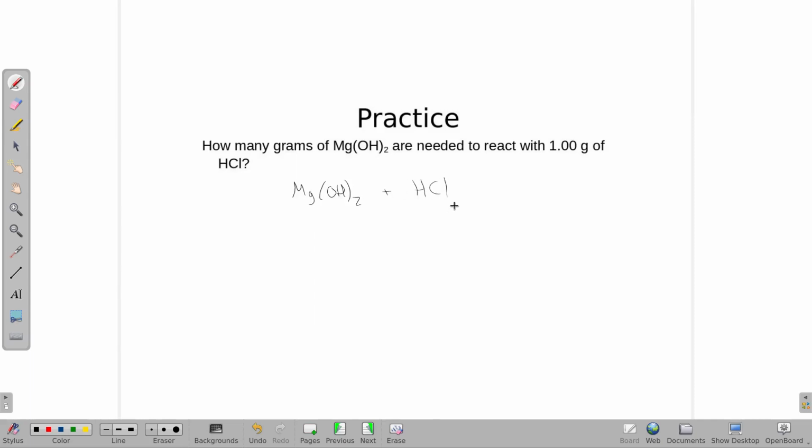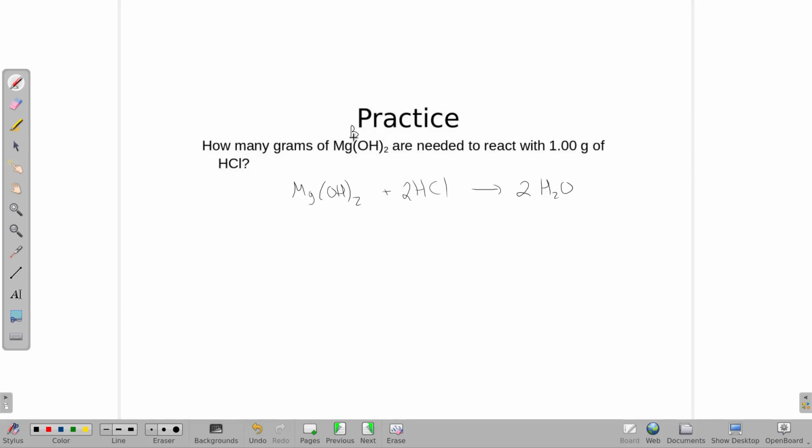All right, if we back up a lot, we're going to see that this is a neutralization reaction. The acid and the base are going to react together. And since there's 2 OHs here, I know I'm going to need 2 of these because the H and the OH are going to form water, because that's what a neutralization reaction is.